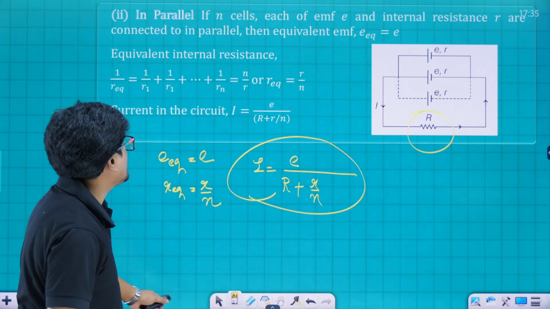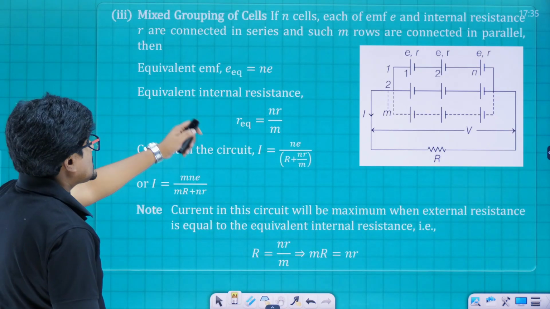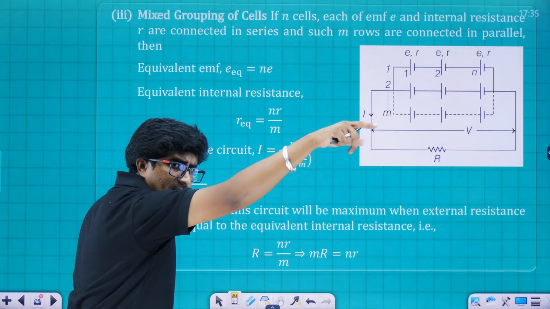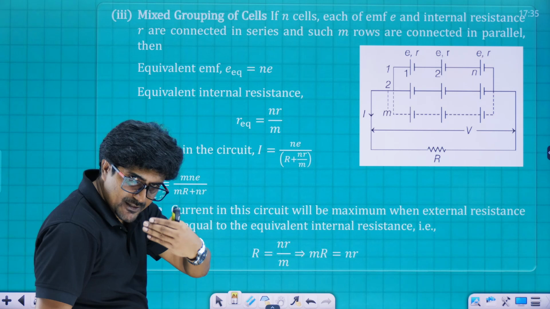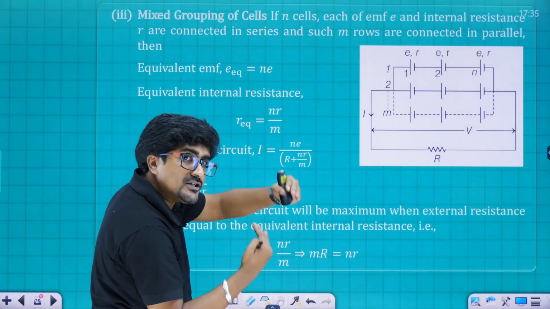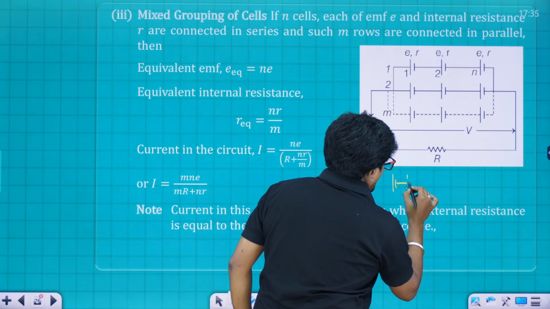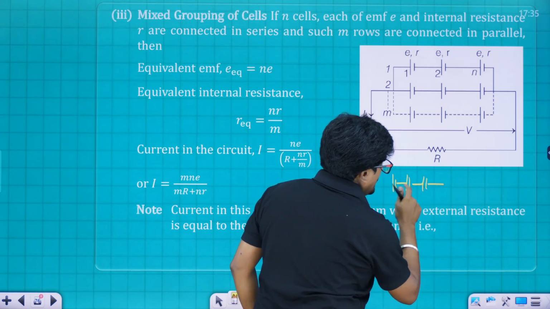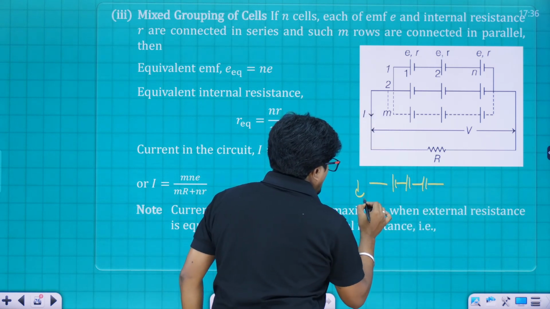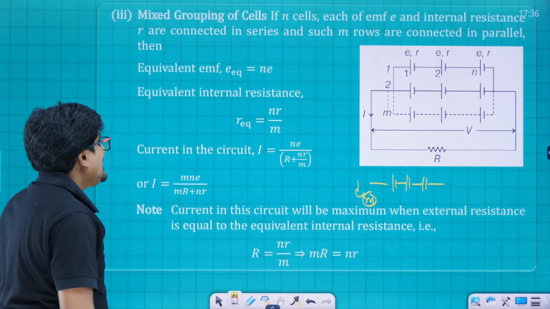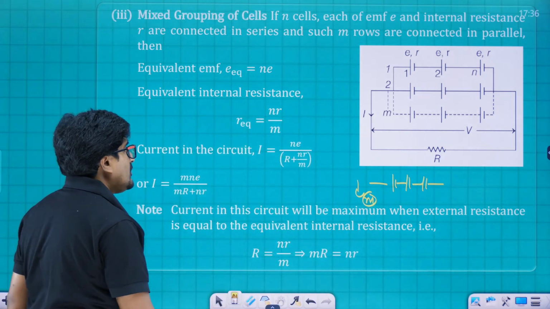Was that okay? Moving to the next, that is the mixed grouping. That means here I have n number of cells connected in series with internal resistance, and m number of such combinations. Now the effective EMF is going to be what?